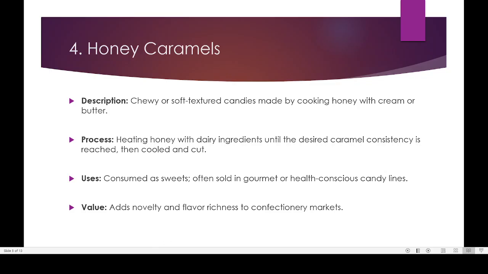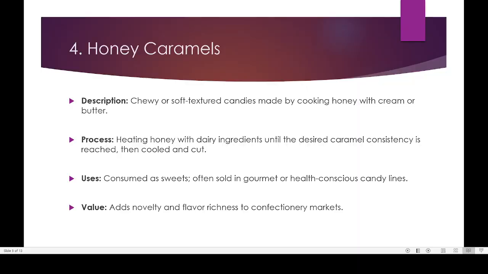So simply by cooking honey with some milk or butter products, we will be able to produce this honey caramel. So that is how we prepare honey caramel.